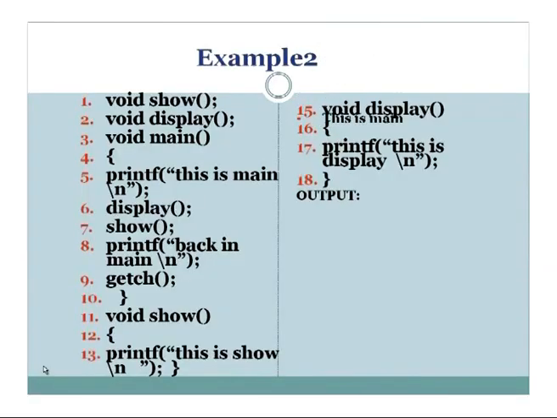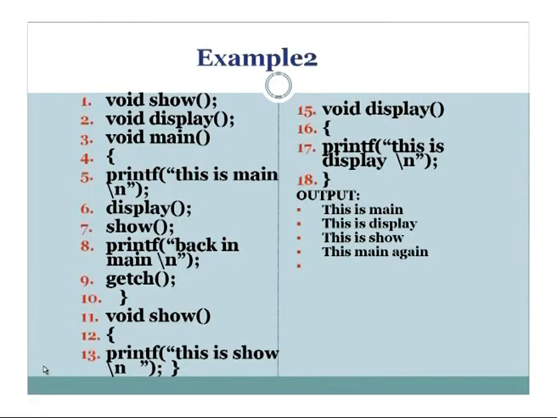Let's study another example. In this example, there are 2 user defined functions. At line number 1, we have declared a function with the name show, and return type is still void.